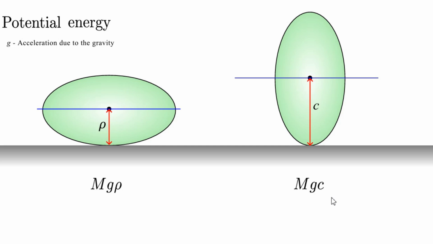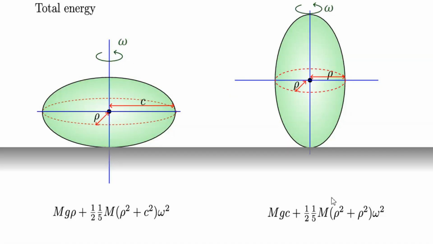On the other hand, when we rotate, things change. Apart from potential energy, we also have to consider the rotational kinetic energy. In the horizontal case, we will have the potential energy as mg rho, and kinetic energy will be half I omega square, where I is going to be 1/5 m (rho^2 + c^2).